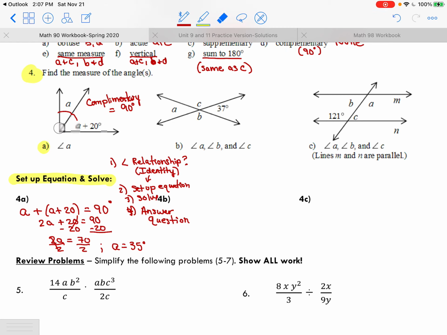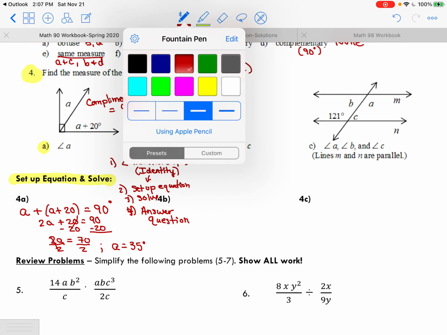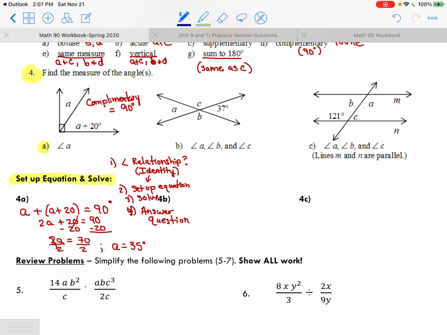So let me get rid of some of this up here. I've got a lot going on. I'm going to use different colors. A lot of red going on here. I'll use blue here. So this is 55 degrees. All right. And then since we know that's true, we could also stick a 55 in here for our A, right? 55 plus 20.